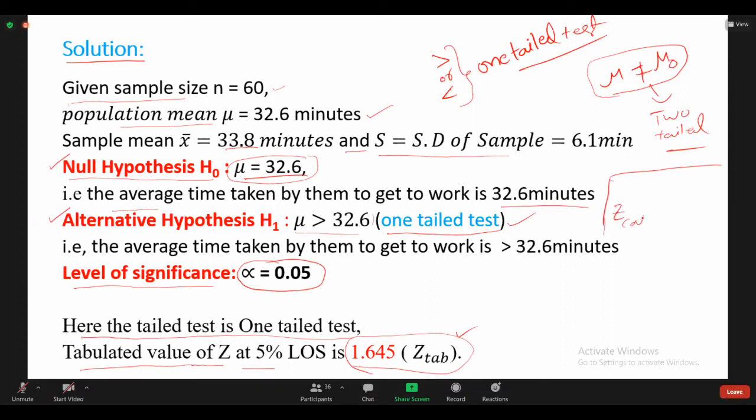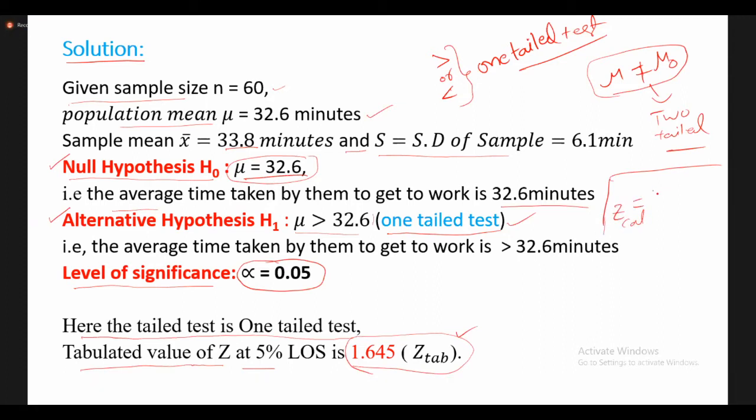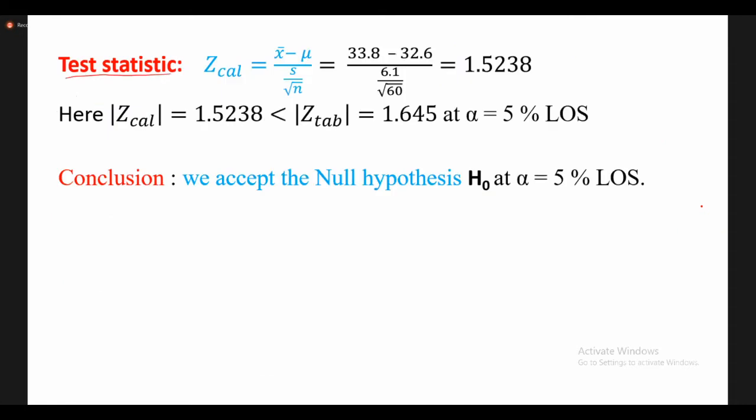Z calculated is equal to x bar minus mu by s by root n. This is the test statistic formula. If sigma is given, write down the sigma here. But in the question, they didn't give the population standard deviation.